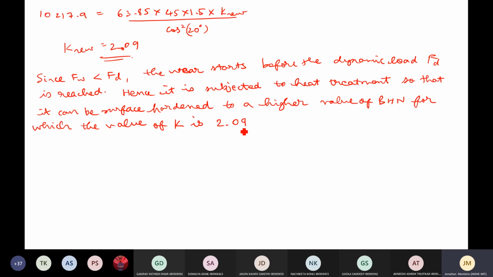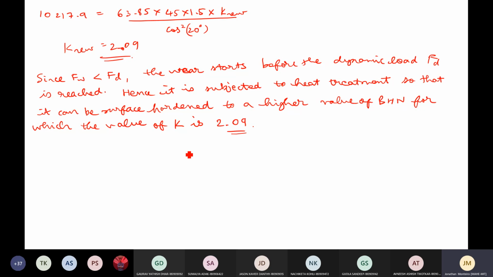2.09. If asked, you can even suggest a value, that is, find out a value. If you go to table 12.16, you can search the steel and steel combination. Now that BHN value you can choose, so you can directly go there and find out which will suit.